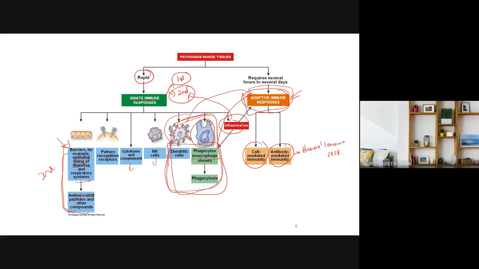So betul dua-dua, mana-mana boleh. Antibody mediated immune response adalah istilah yang dia guna dalam buku Solomon. Okay, so dua-dua betul. Tak ada masalah. Adaptive ataupun acquired immune response adalah benda yang sama juga.